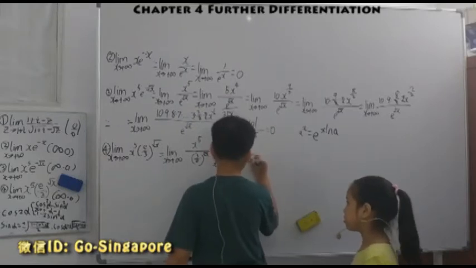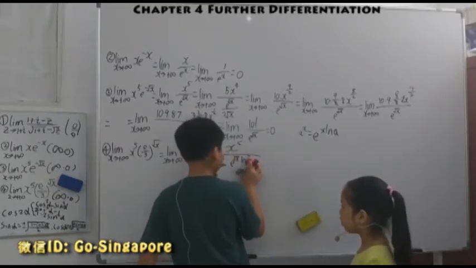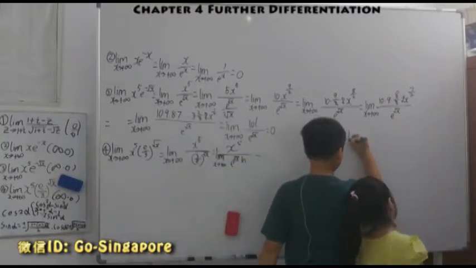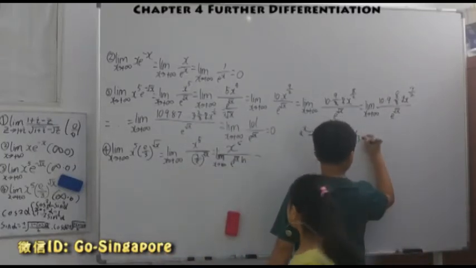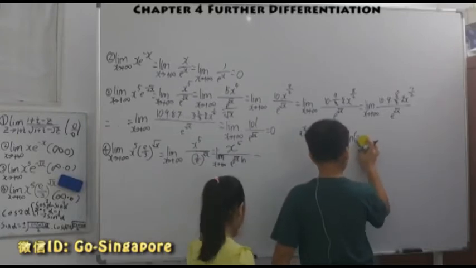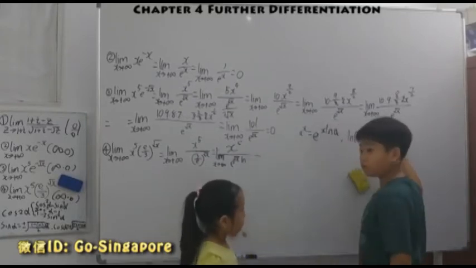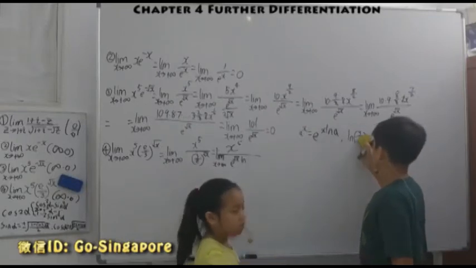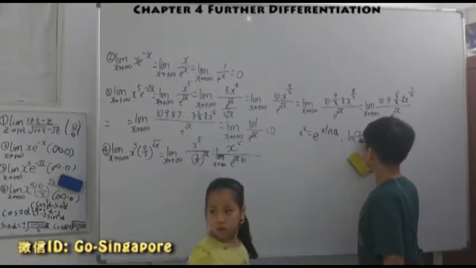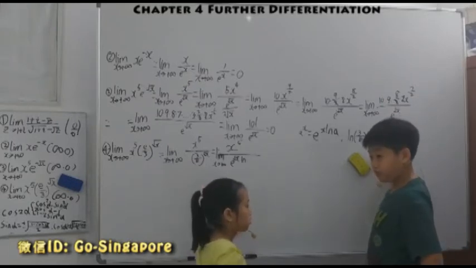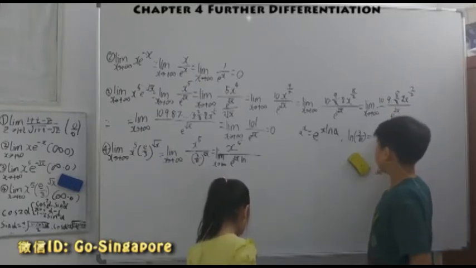Ln 3 over e. But remember, let's just calculate over here. Ln 3 over e. So this is 3 over e, right? Yes.